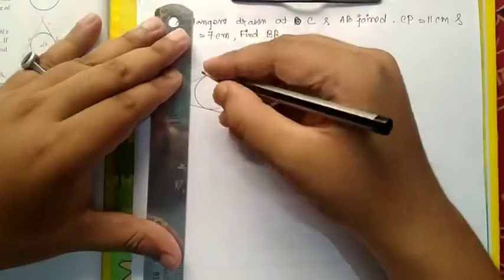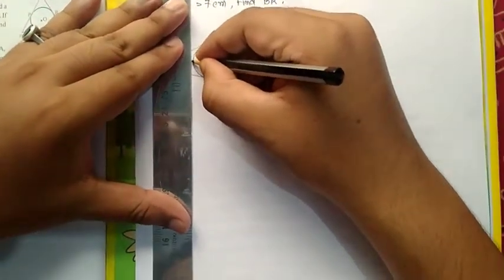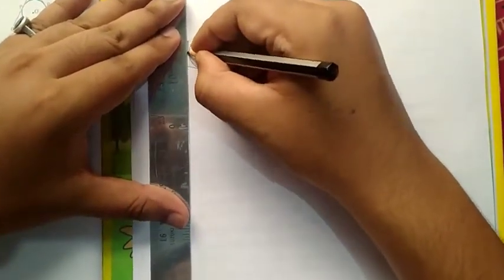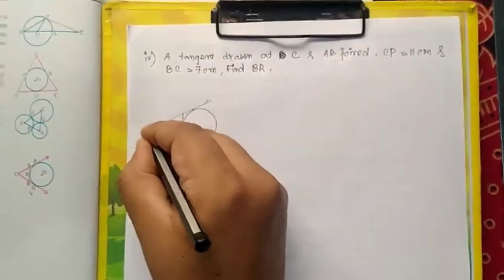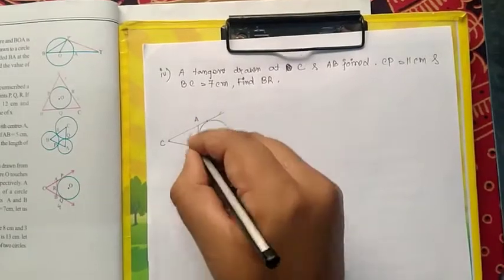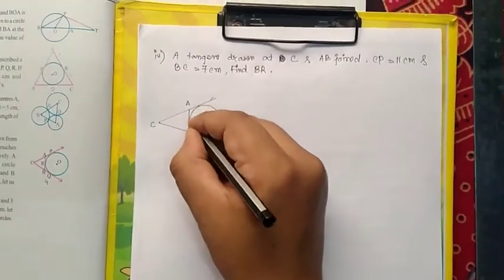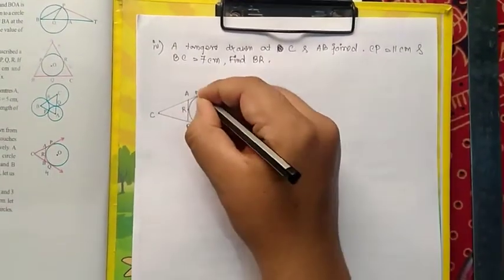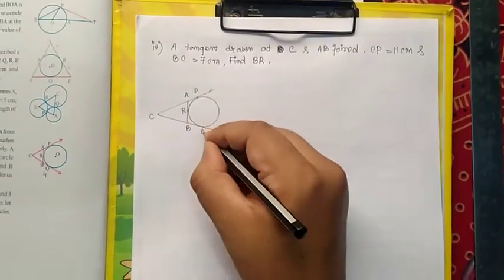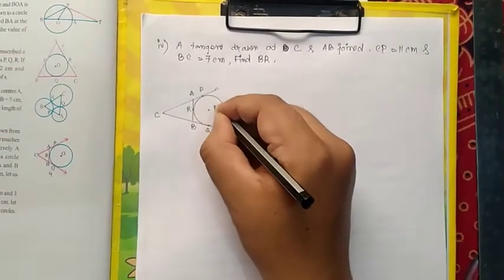So now this is C, A, B, this is gonna be R, this is P, this is Q, and this is O.